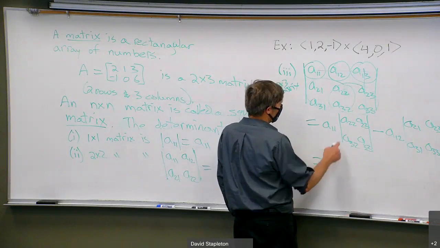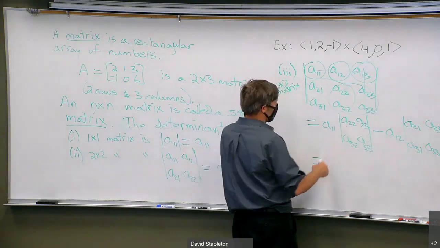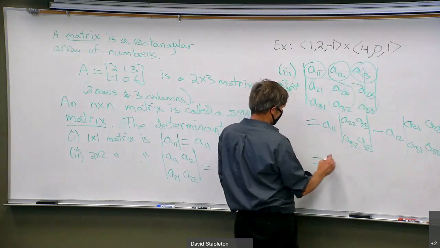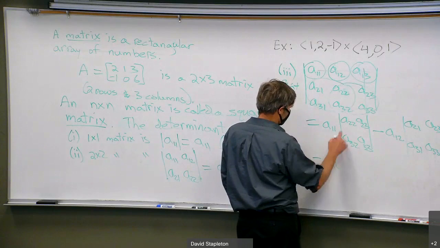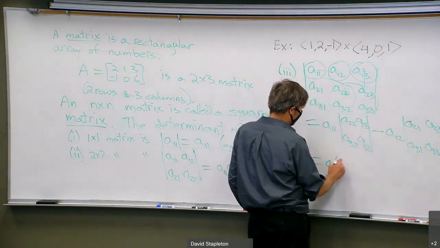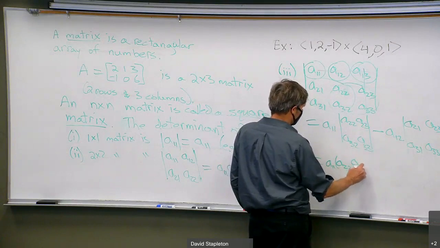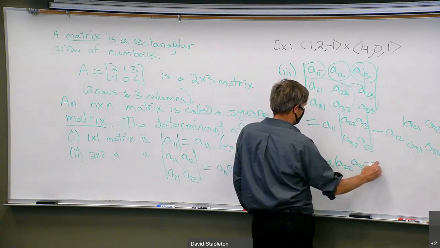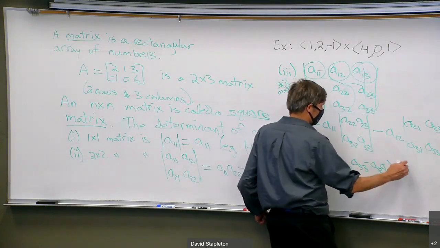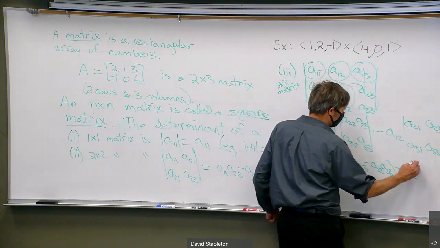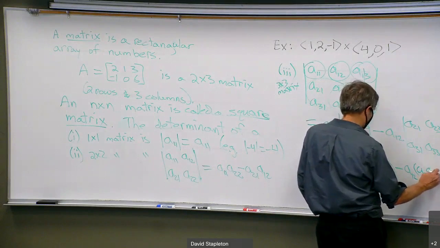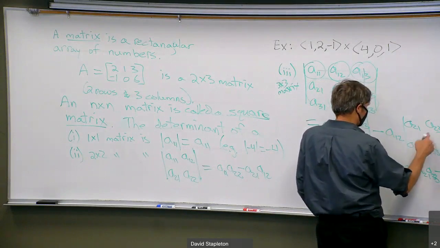Now we already know 2 by 2 determinants from here, so a 3 by 3 determinant, you observe, is defined in terms of 2 by 2 determinants. So I have A11 times this minus this times this. That's how we did a 2 by 2 determinant: diagonal minus diagonal. A22 A33 minus A32 A23. And then minus this one, A12, times the determinant A21 A33 minus A31 A23.